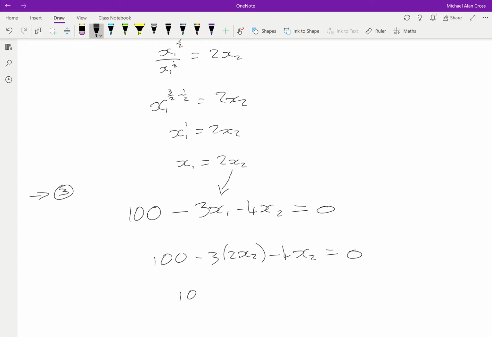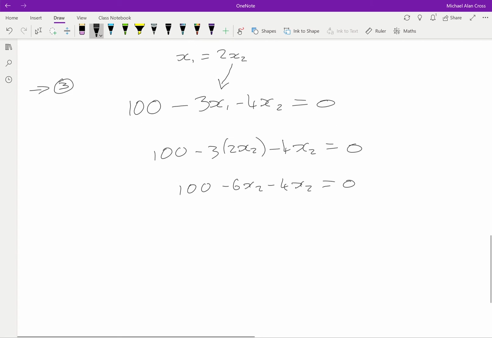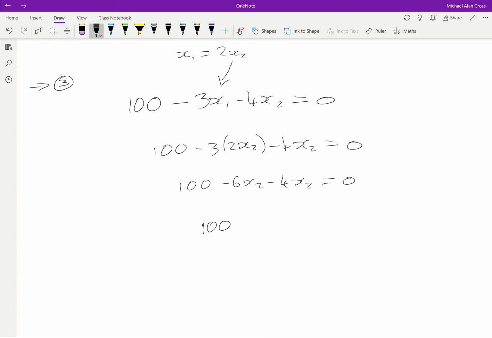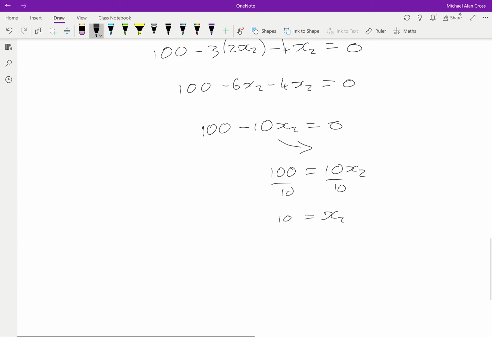So 100 minus 6x2 minus 4x2, sorry, not x squared, x2. So that's 100 minus 10 lots of x2 equals 0. Moving that to the other side, we get 100 equals 10x2. Dividing both sides by 10, we get 10 equals x2, or more pleasantly, x2 equals 10.